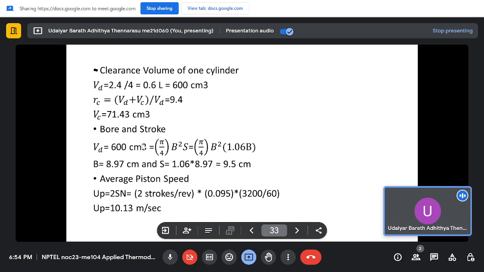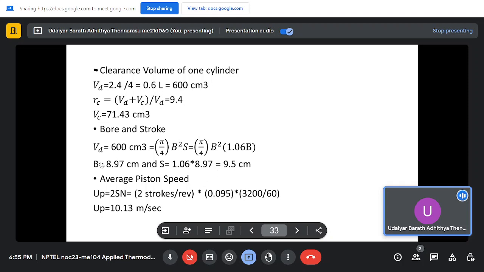So VD for a single cylinder is 600 centimeter cube, we know pi by 4, and B and S are related as S equals 1.06 B. So we substitute the stroke length, and it will become 600 equals pi by 4 into 1.06 B cube. So we can find out B from there. The bore is 8.97 centimeter. On substituting in the stroke length relation, we get S as 1.06 into 8.97, which is 9.5 centimeter.